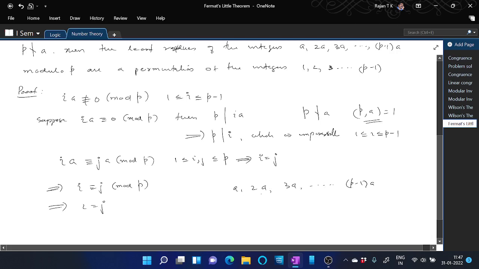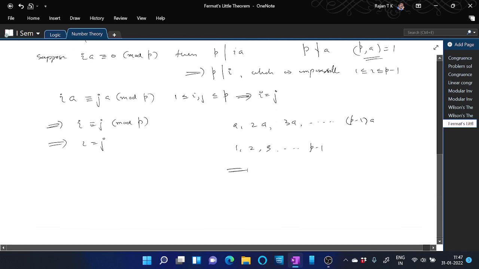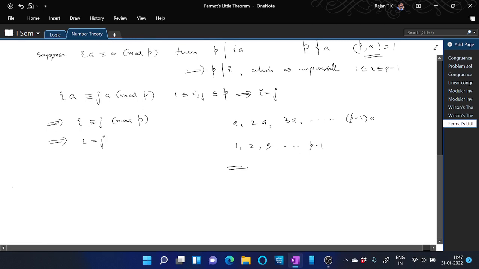That means the residues of a, 2a, 3a, etc. p minus 1 a modulo p are the distinct integers 1, 2, 3, etc. p minus 1 in some order. Hence the result. Now we go to Fermat's little theorem.